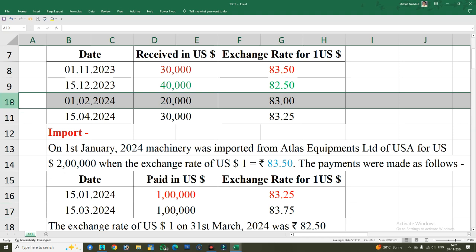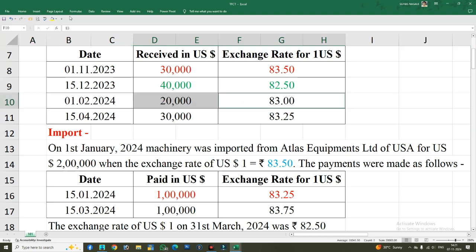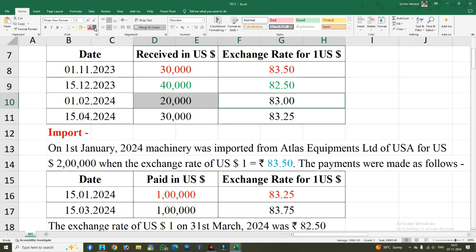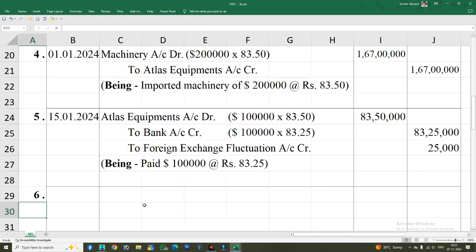As I told you, we have to follow the order of dates. So the next transaction as per the given information is 1st February 2024, 20,000 US dollars, and rate was 83 per dollar in Indian rupees. Date 1st February 2024.